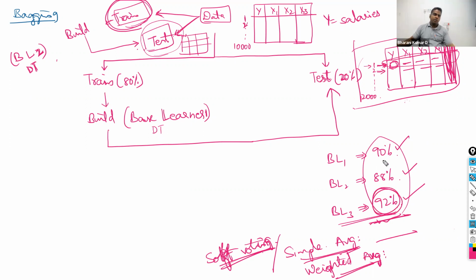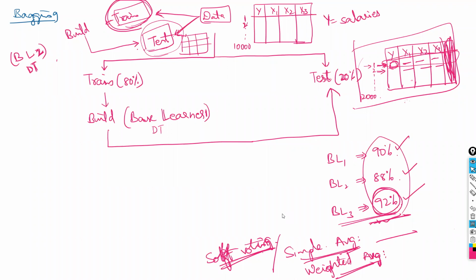If an algorithm is giving me less accurate results, I'll give it less weightage. Common sense. Okay. Yeah, Kali, please go ahead.